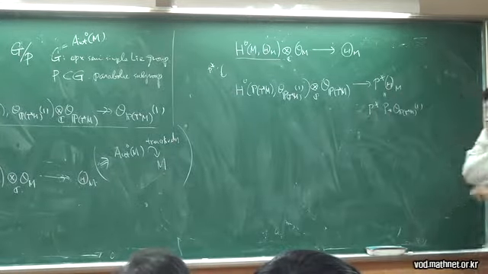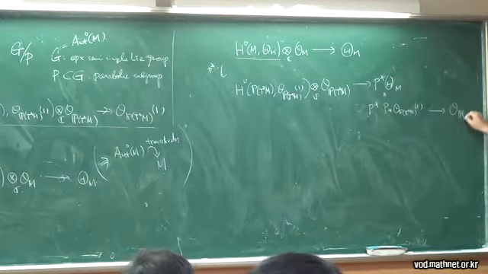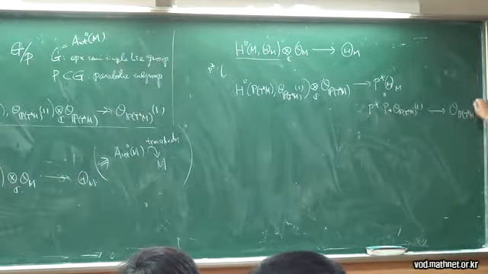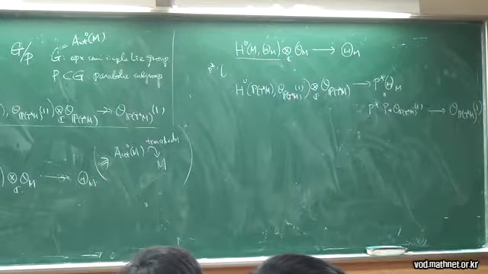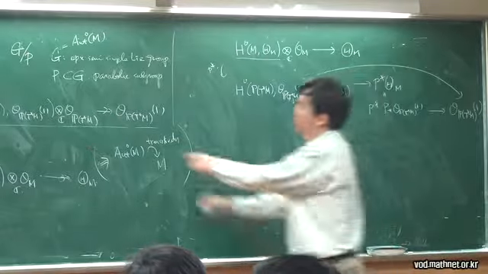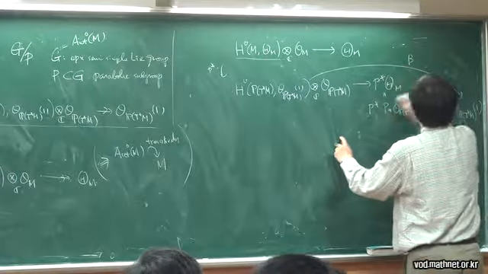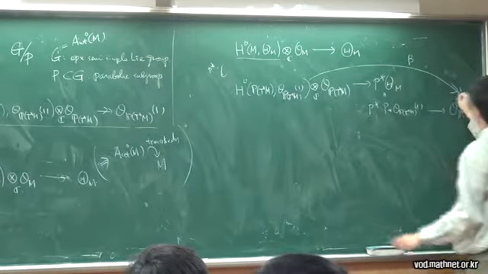But there is a natural map from P T star M1, and the composite map is nothing but this map. So this is surjective. We call this beta. Then this is surjective.